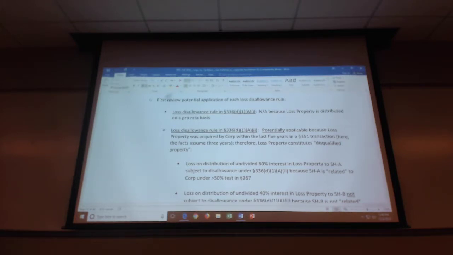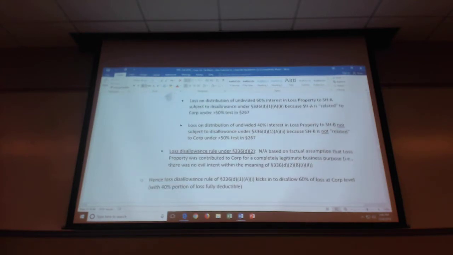In other words, if the property has been acquired in a 351 transaction within the last 5 years, even if it had a built-in gain at the time of the 351 transaction, if it has a built-in loss at the time of the liquidation, and if it's distributed to a related party in a pro rata distribution, then that rule kicks in.